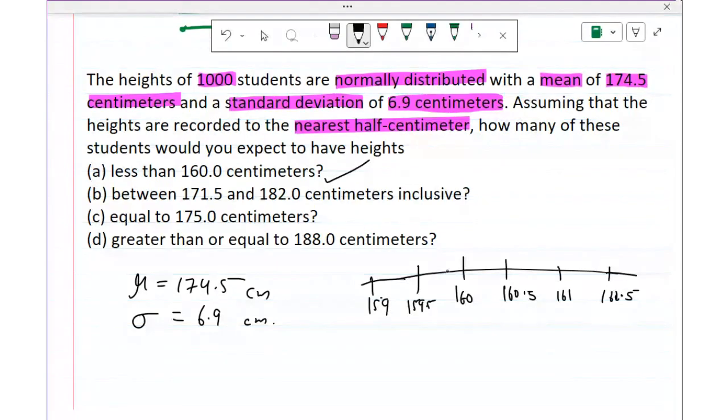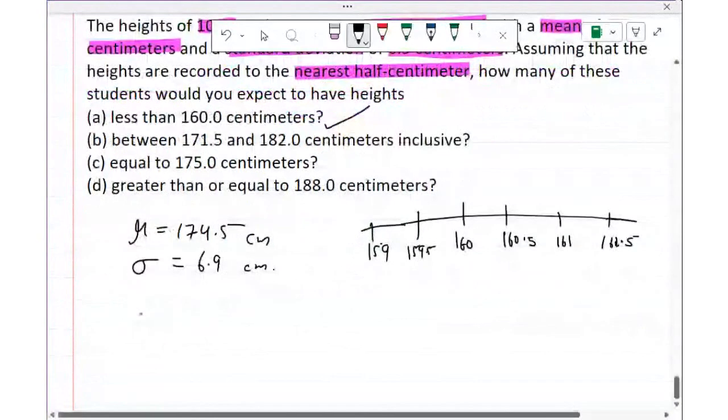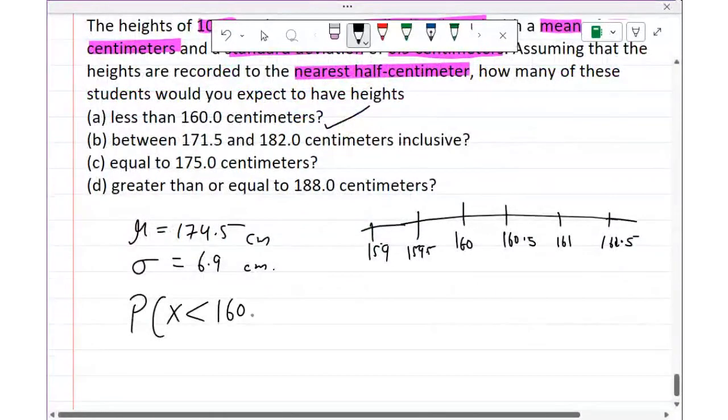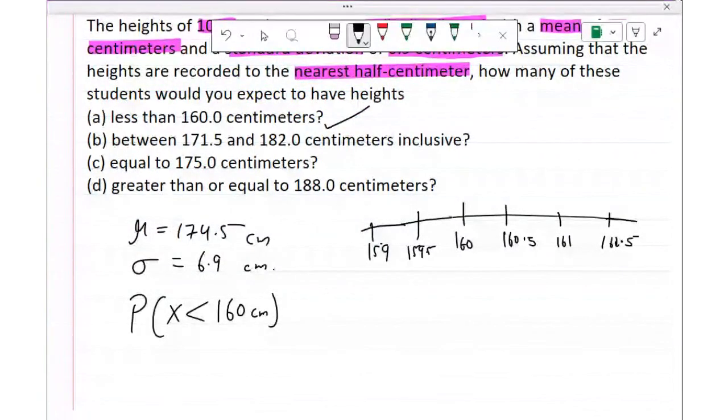Now they are asking in the first part how many students you expect to have height less than 160 centimeters. So first you will find the probability that height is less than 160 centimeters. What is the meaning of 160 here? Does 160 really mean only 160?